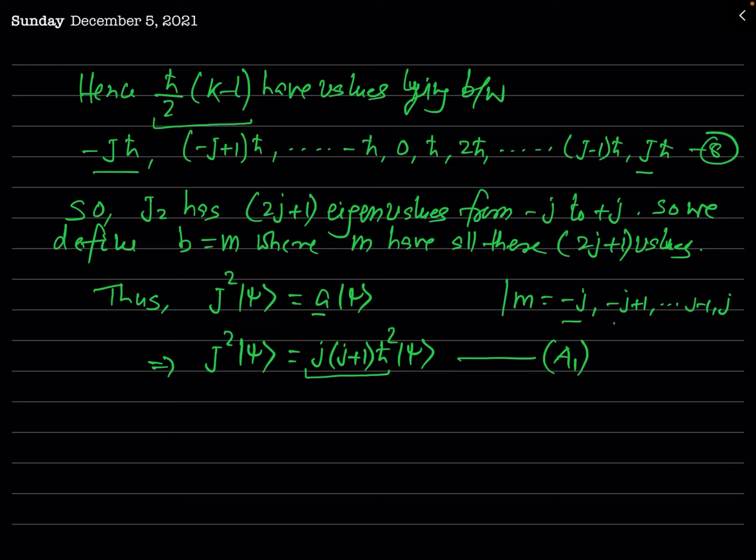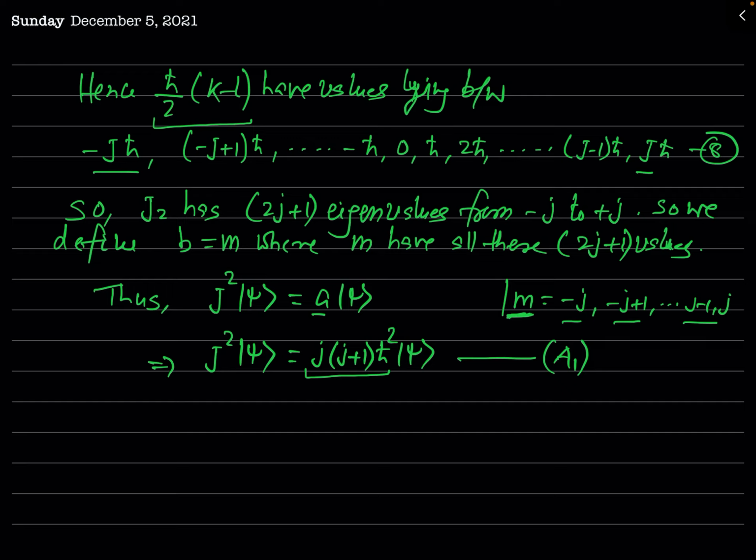So all these numbers are written by the symbol m. So m depends on the value of j, and for a given value of j, m will have 2j plus 1 values. And m is a quantum number which is also called the magnetic quantum number.